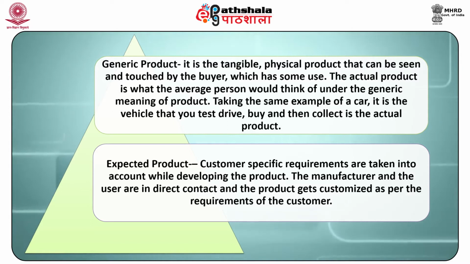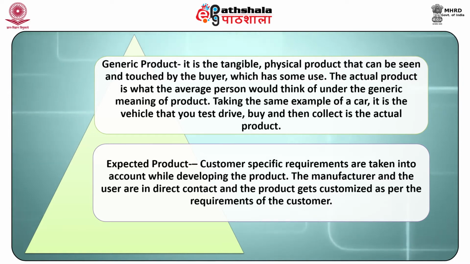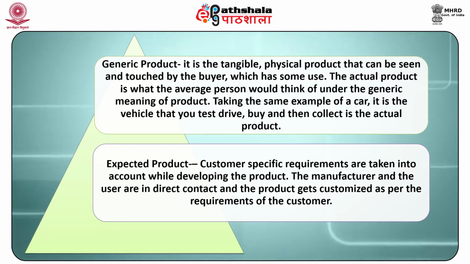It is a tangible, physical product that can be seen and touched by the buyer, which has some use. The actual product is what the average person would think of under the generic meaning of product. Taking the same example of a car, it is the vehicle that you test drive, buy and then collect as the actual product.